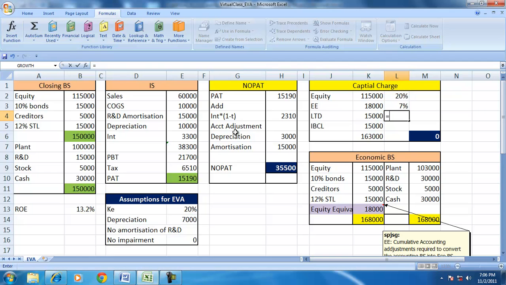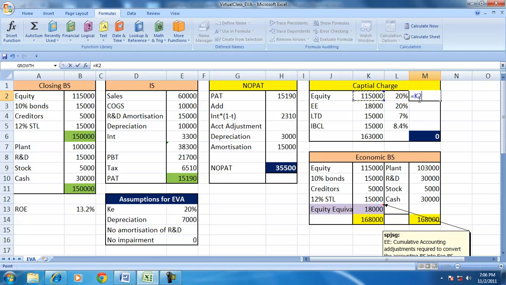In the same way, the equity equivalent also has the cost of equity. The cost of long-term debt will be 7% because cost of debt is I into 1 minus T, and the cost of short-term debt is once again 0.70 into 12%, which is 8.4%.